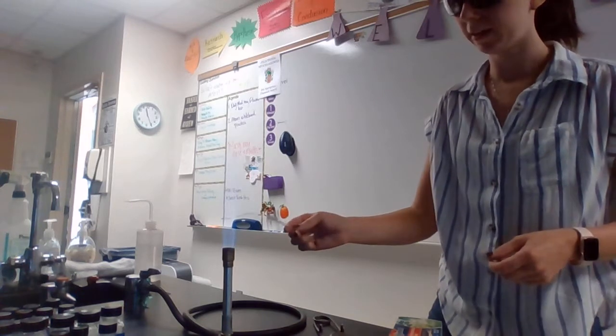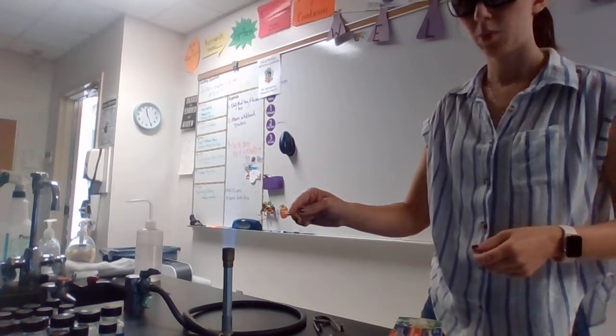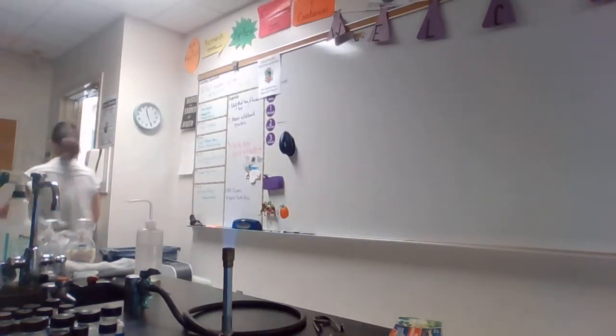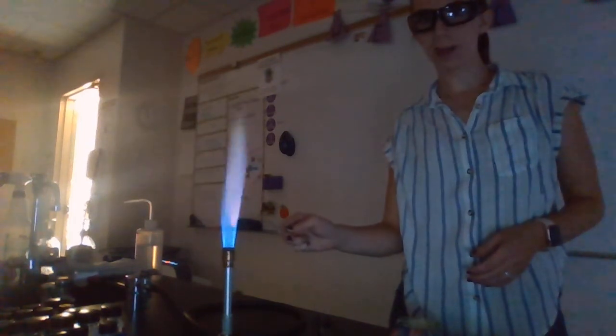Our second flame here is more of a green. We'll try all the lights and see if that's better. There we go. Here we go for our second one. Bright green flame. That's number 2, the second one we're testing out.